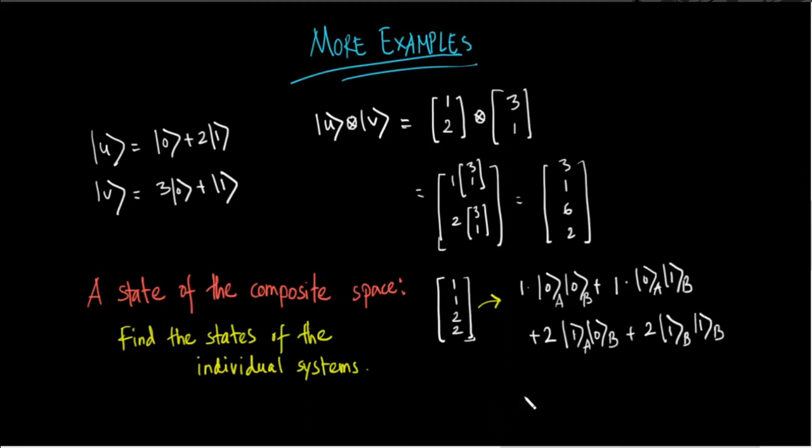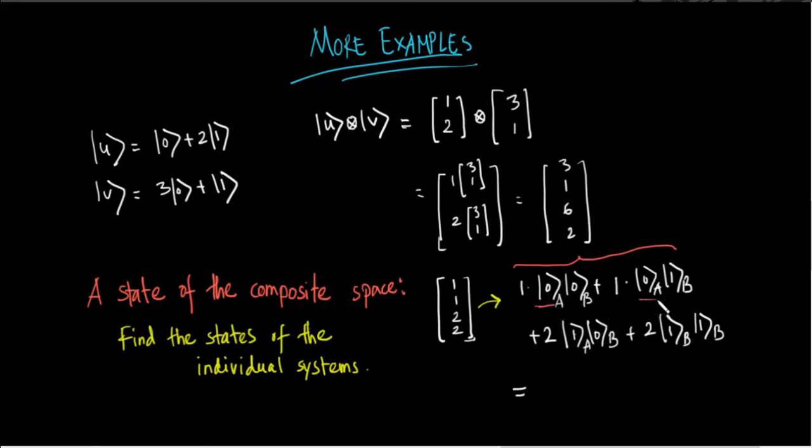So in order to factor out, we can do this. Consider the first two parts. We can take |0a> common between these two things.